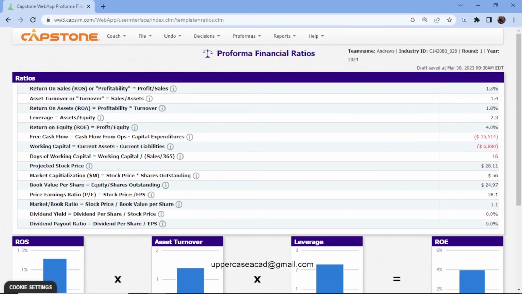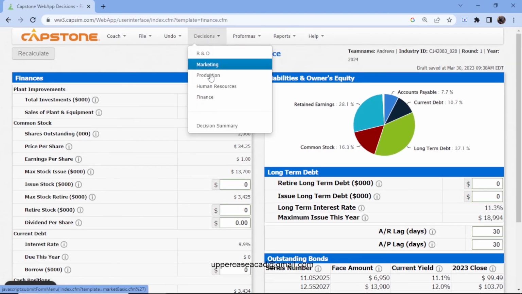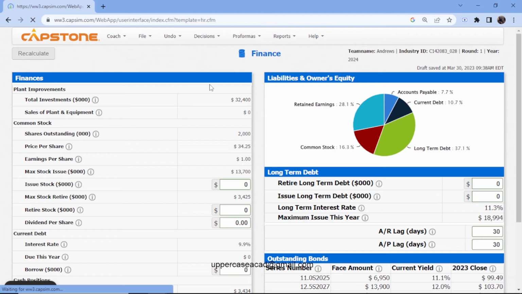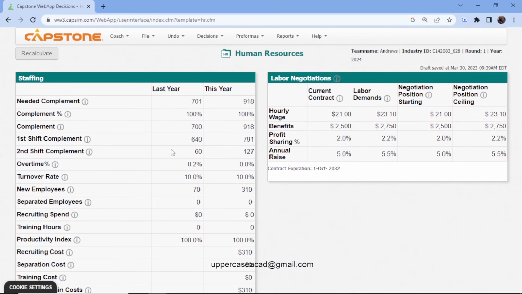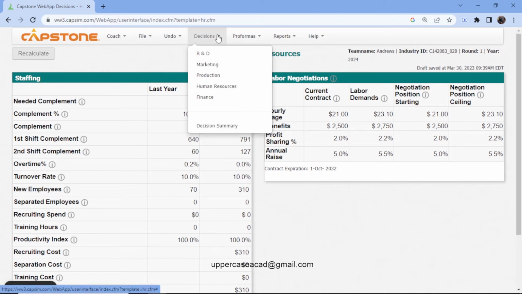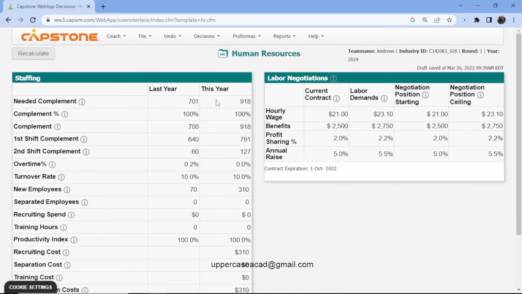Here we see that my days of working capital are very minimum. So let me invest in my finance. The reason why I have not touched the human resource is that in this round, we can't make any decisions in terms of investing in training hours and recruiting spend. So I'll just have to skip to finance.